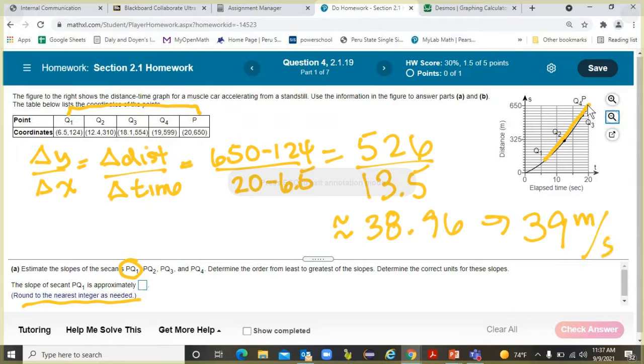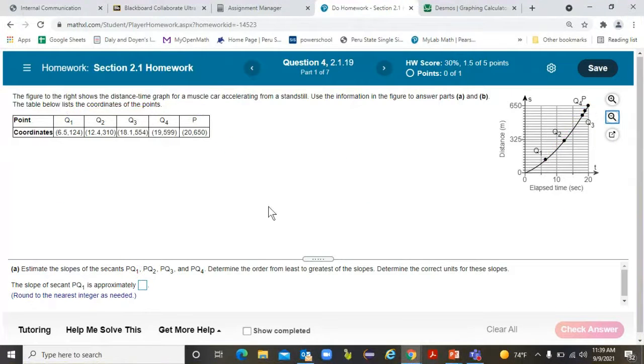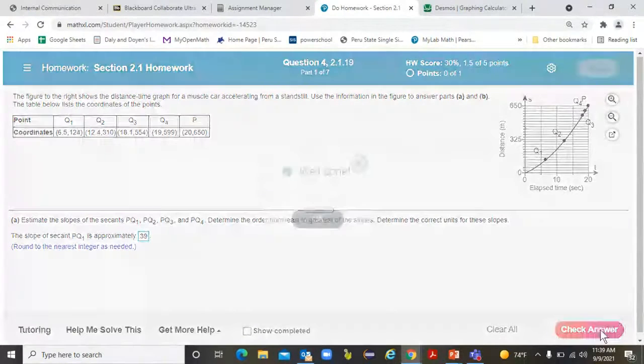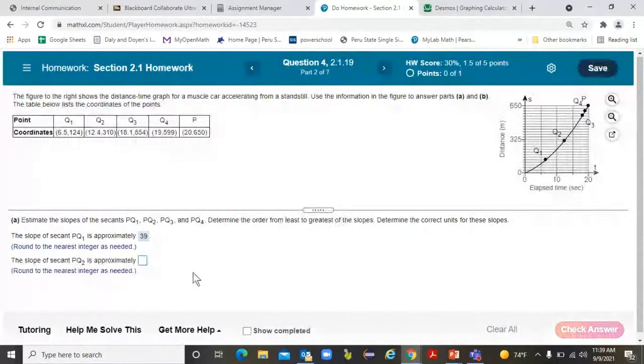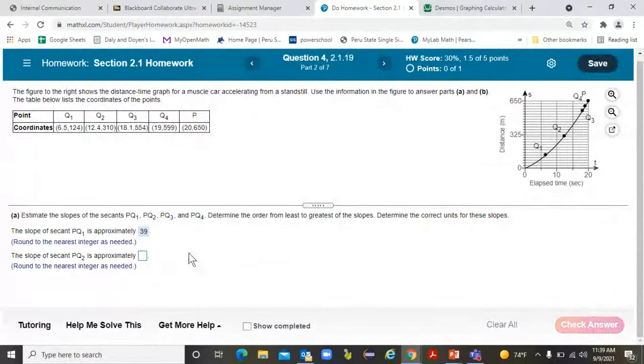That means from time 6.5 seconds to 20 seconds, he was averaging 39 meters per second. So that's what we just found, 39 meters per second, and I'm just going to put this one in. It said it was 39. Yay. And it wants me to keep doing this.